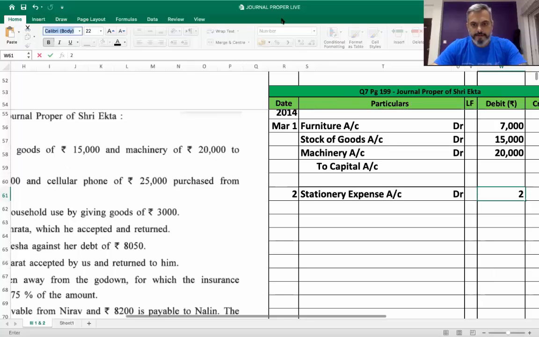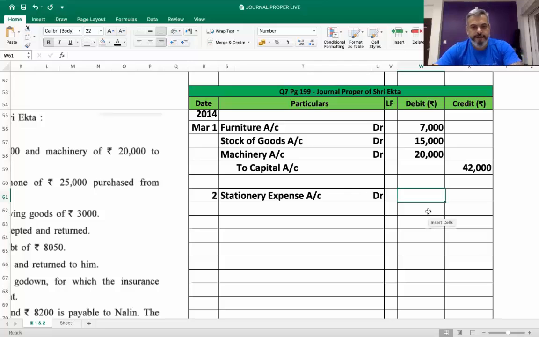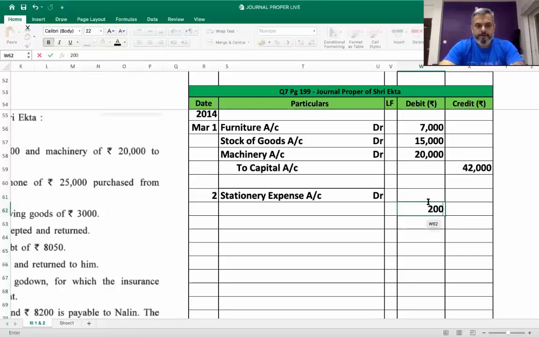So we use the stationery expense account. Just a minute. So stationery expense account debit 2000.